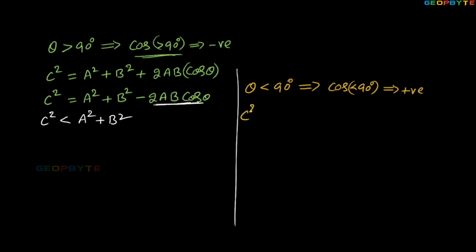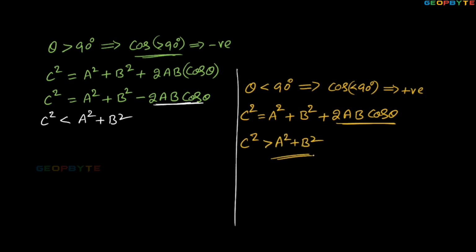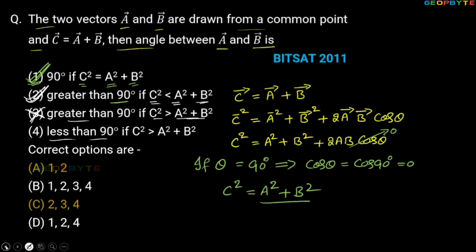Then C square equal to A square plus B square plus 2AB cos theta, where cos theta is positive. Since this part is positive, C square is greater than A square plus B square when theta is less than 90 degrees. The fourth statement is also correct. 1, 2, 4 are correct. Look at option D. Option D is absolutely correct.